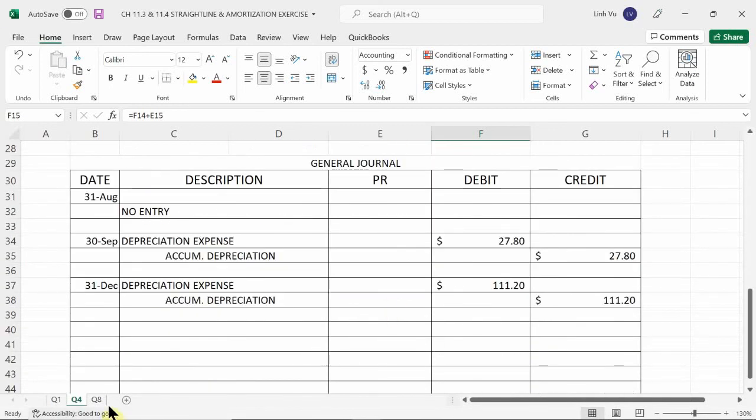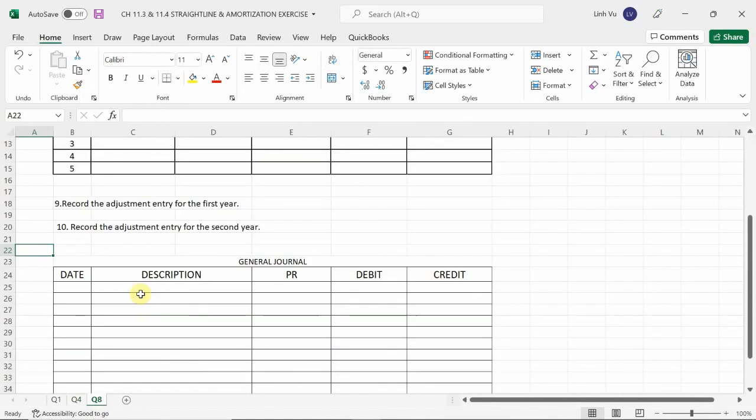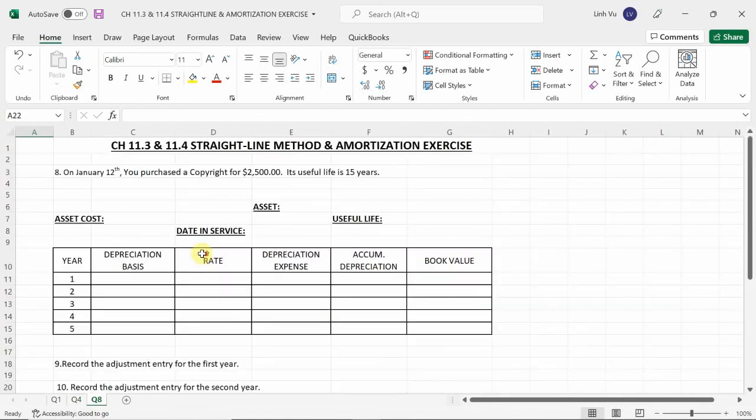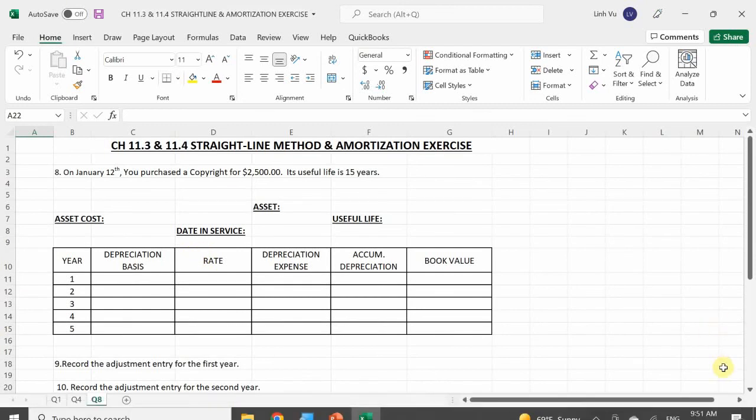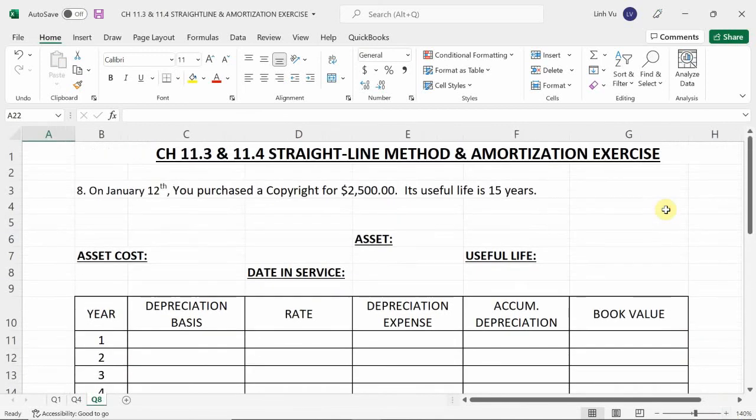Let's go ahead and do the very last problem here, which is question number 8, 9, and 10. So here we're going to be looking at an amortization. Okay. So in this case, on January 12th, you decide to purchase a copyright for $2,500.